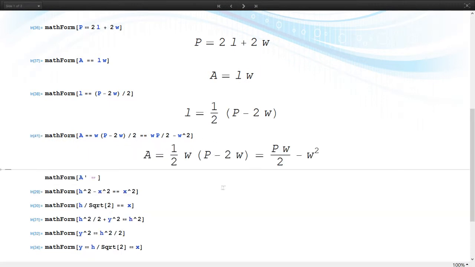So now if I take the derivative, I get P over 2 minus 2W. And we want to set that equal to 0.